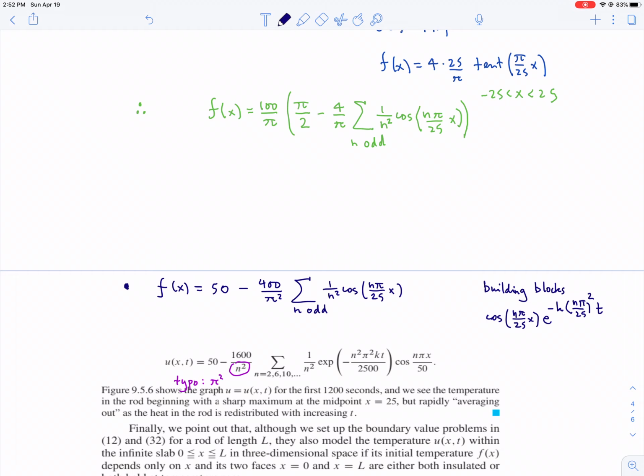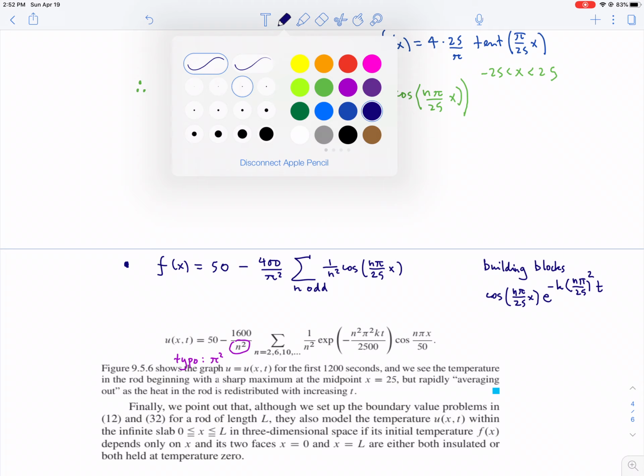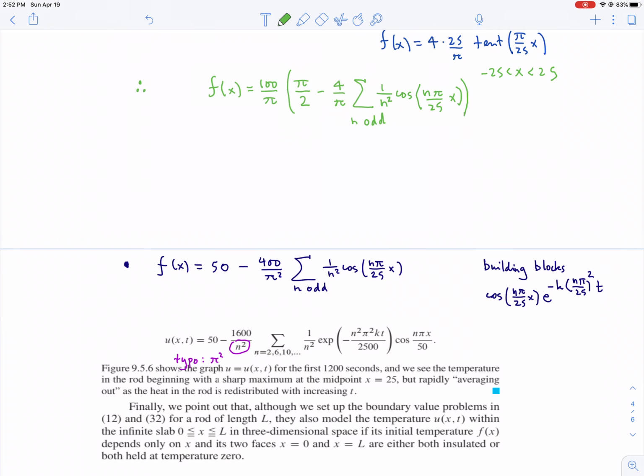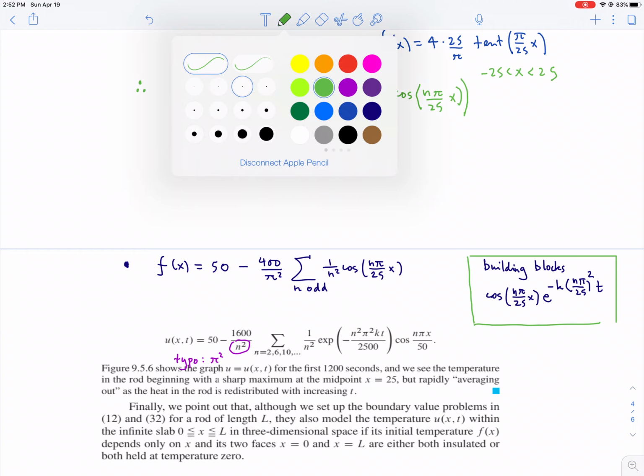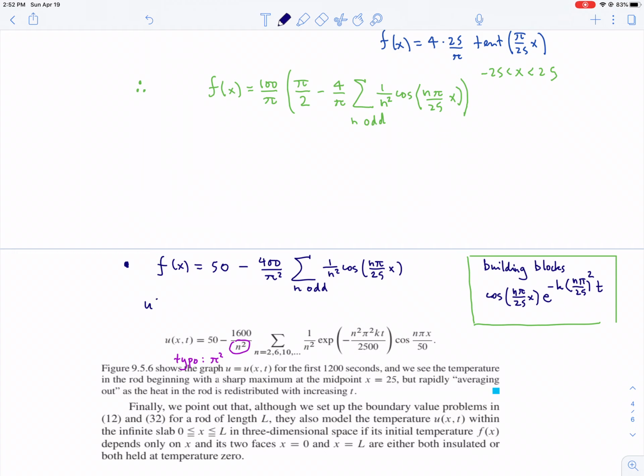Now we're trying to solve the heat equation, and for the heat equation, our building blocks are of the form sine of something x times e to the minus that something squared times t. And so we can write down u of x,t the same way we did in the first example. Okay, so constants solve the heat equation u_t equals k u_xx because both sides are 0.